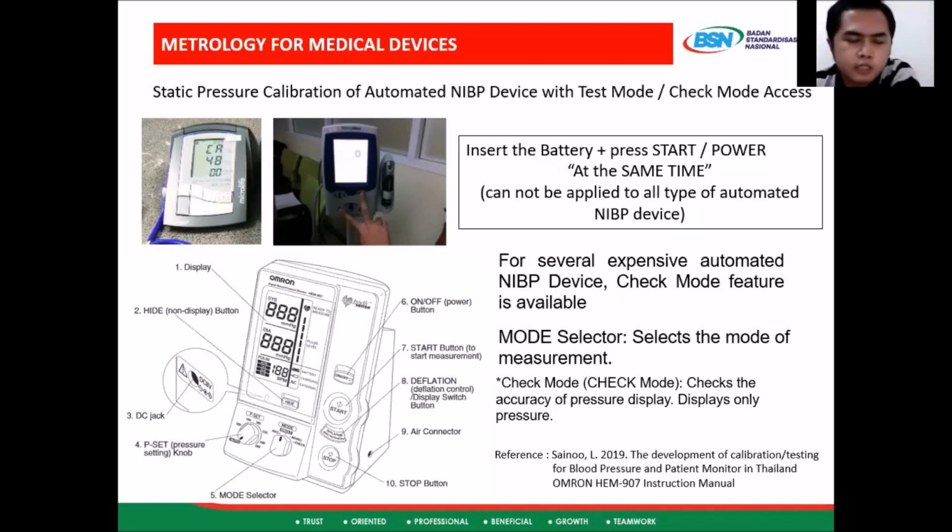So if the static value is calibrated, then we can know how much the error of the blood pressure reading is, besides the intra-individual and inter-individual effects from our body itself.